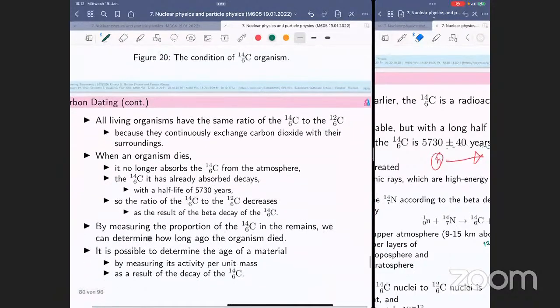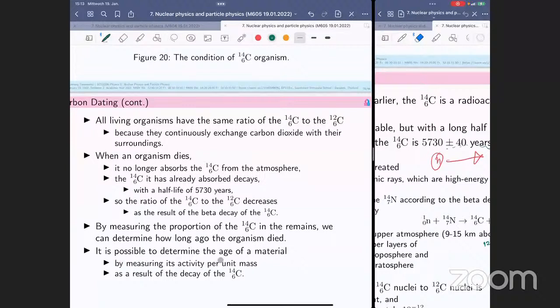By measuring the portion of carbon 14 in the remaining material, we can determine how long ago that object or organism died. We cannot do carbon dating on stone, only on living things or organisms.